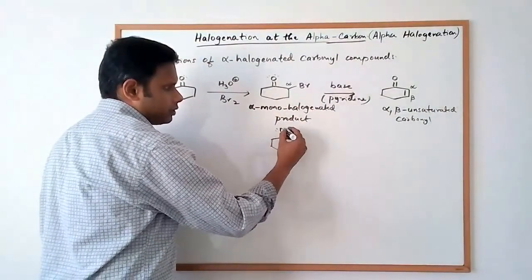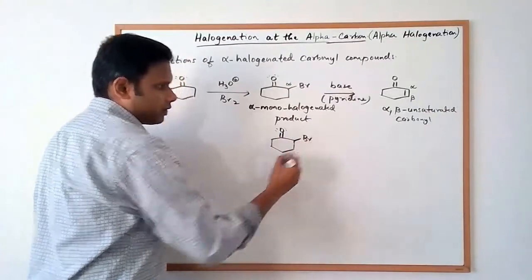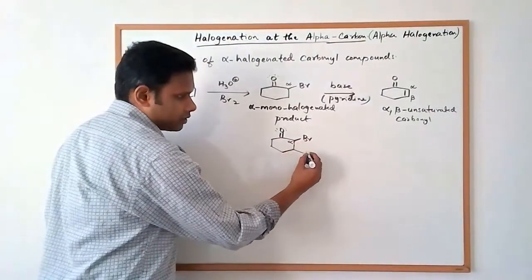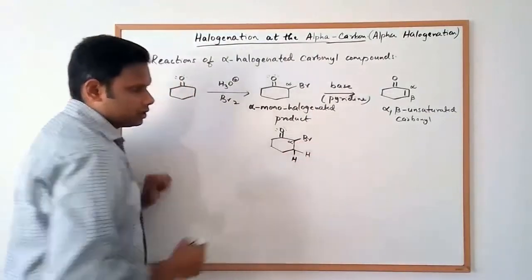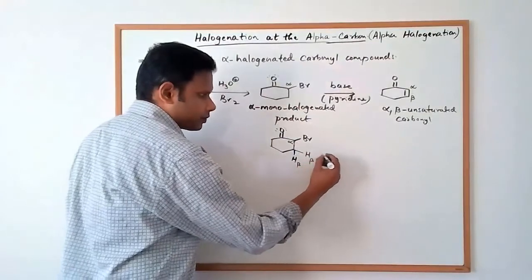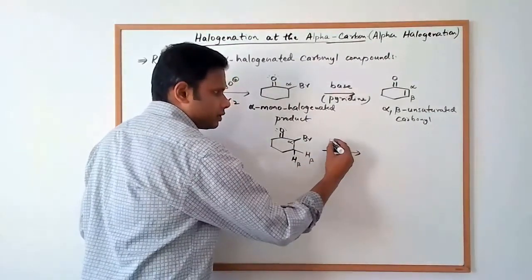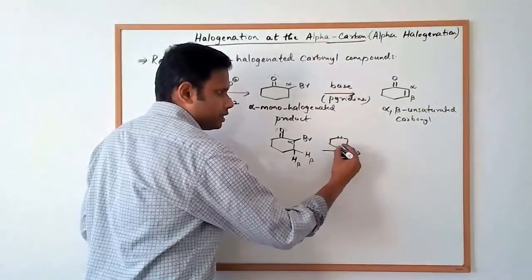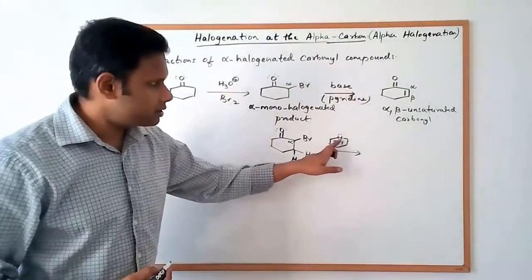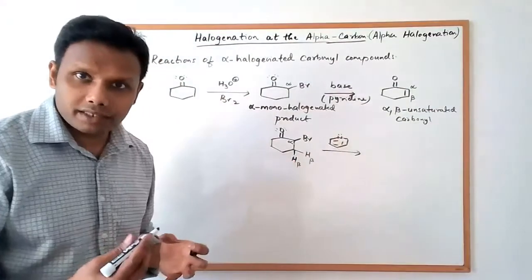because when you look at it, you have the alpha halogenated compound. And if this is alpha, there are beta hydrogens here. These are both beta hydrogens. And so when you react this with a base, pyridine being the specific example here, the pyridine nitrogen is basic.